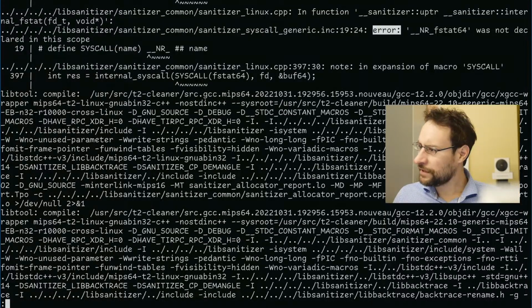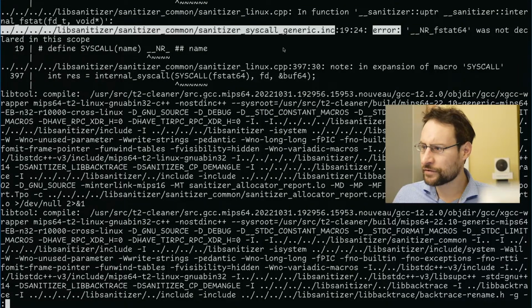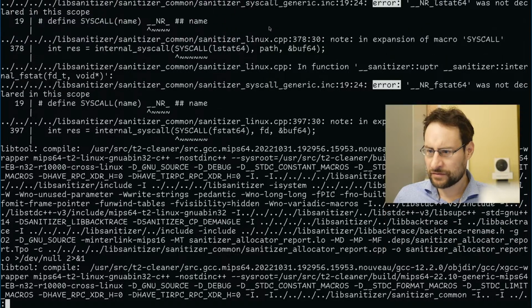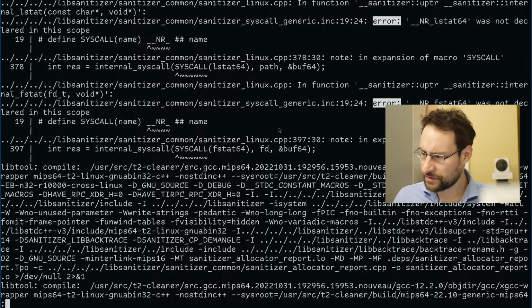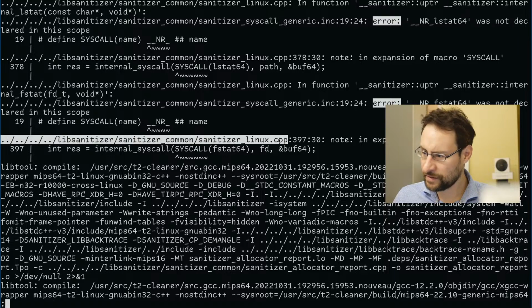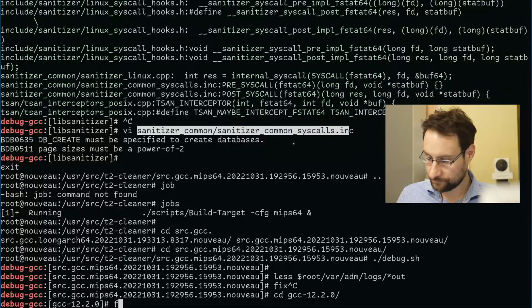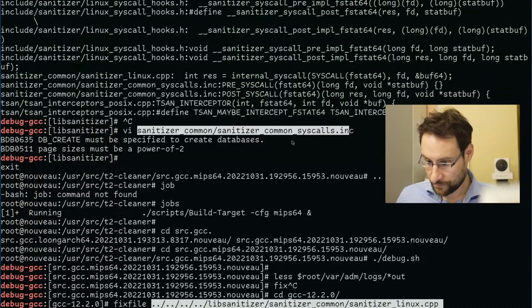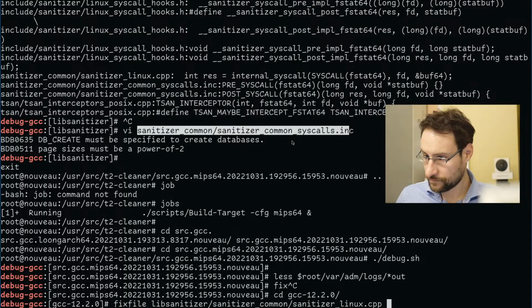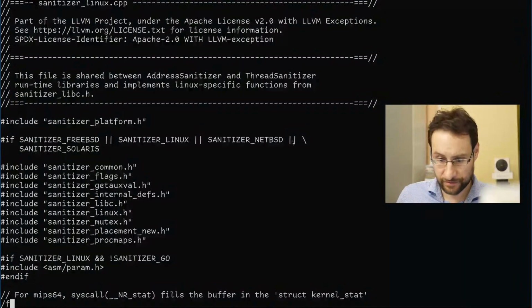So Sanitizer, so fstat, just as I thought. So maybe that is included then, or was NR Sanitizer Linux not set here? Maybe here we can conditionalize that. Which line was it?